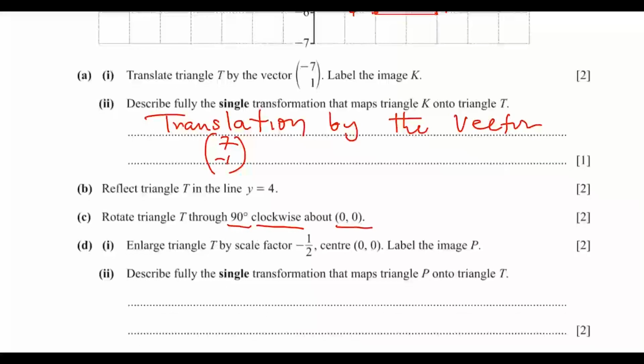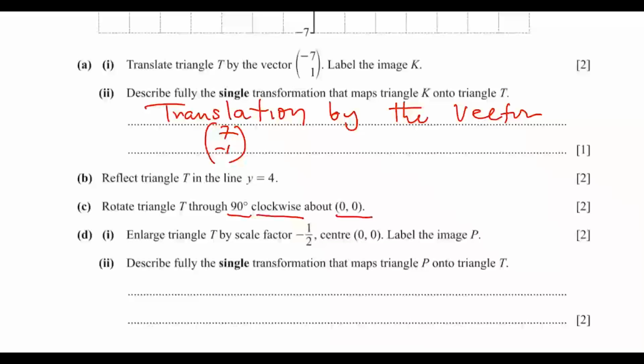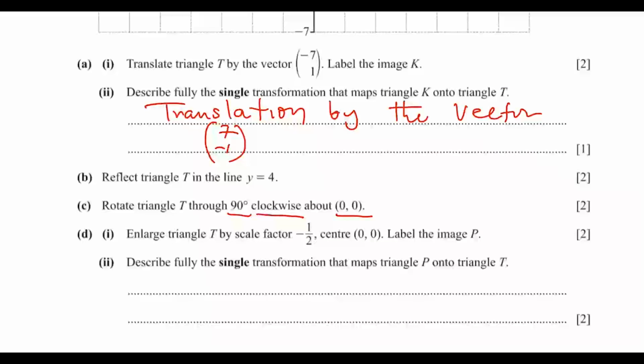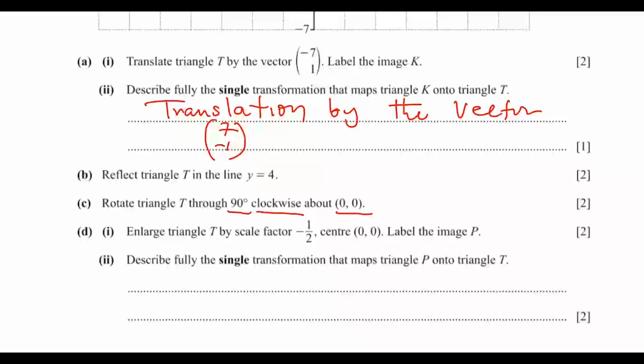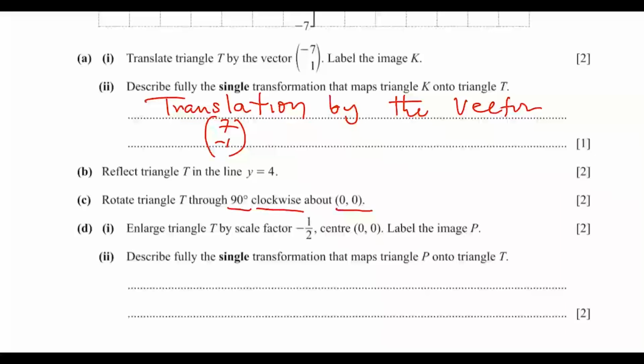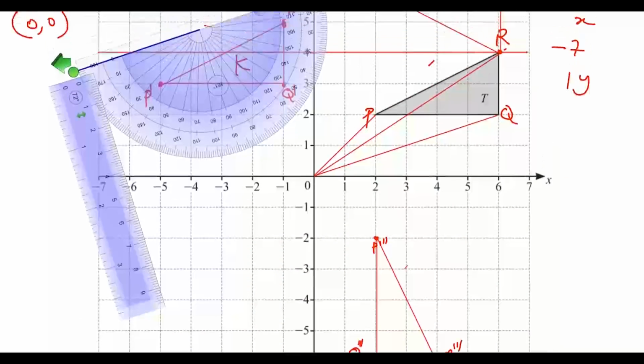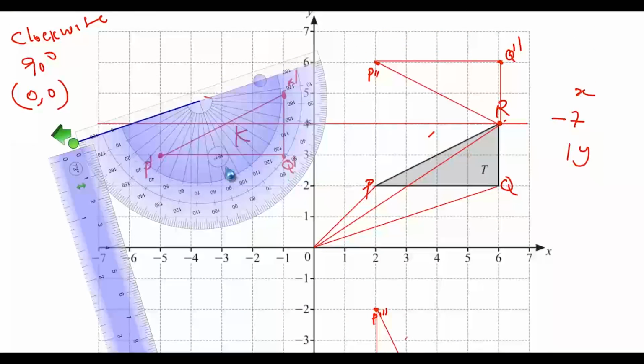That will be question D, Roman figure 1. Enlarge triangle T by scale factor of negative half, center 0, 0 and label the image P. So let's go up a little bit. So we can get rid of these twos.